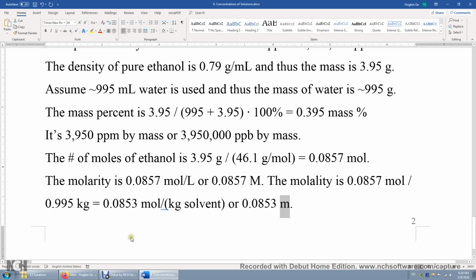Again, if you look at the molarity, 0.0857, and molality, 0.0853, they are close to each other because we're talking about a dilute aqueous solution. For all dilute aqueous solutions, it's fairly common that 1 liter of solution means roughly 1 kilogram of water is being used as solvent.